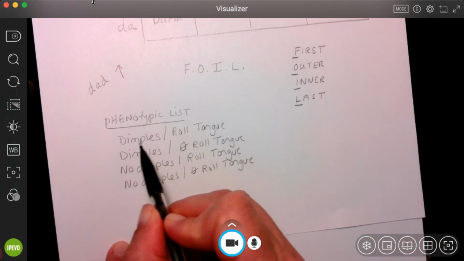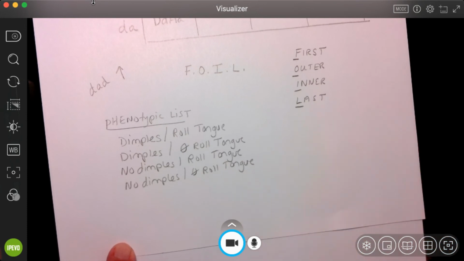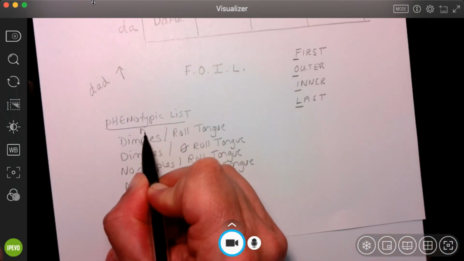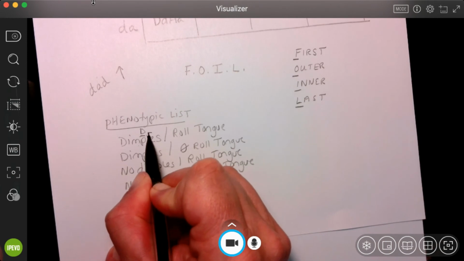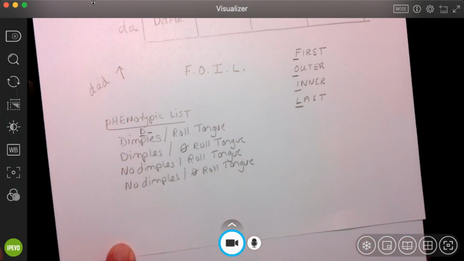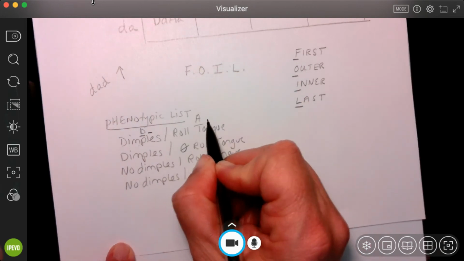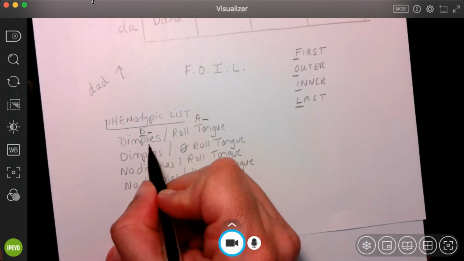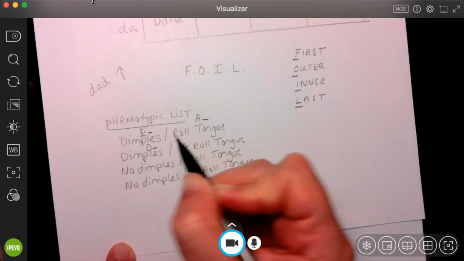Now we have to think about what we are going to count. In order to have dimples, you have to have at least one big D. And I'm going to write a little blank there next to it because it could be big D, or it could be big D, little d. In order to roll your tongue, again, you have to have at least one big A, and then it could be big A, or big A, little a. For dimples, again, here it's going to be a big D. Couple options for the second one there.